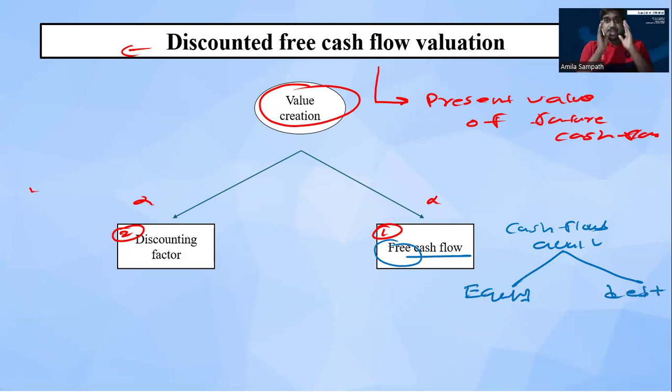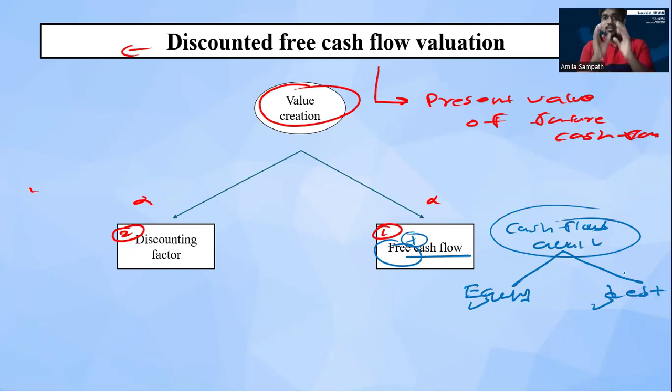Cash flows mean the net cash inflow, cash inflow minus cash outflow. Then we have a specific term, free cash flow. Simply we can say free cash flow is the cash flows available for both equity holders as well as for the debt holders.